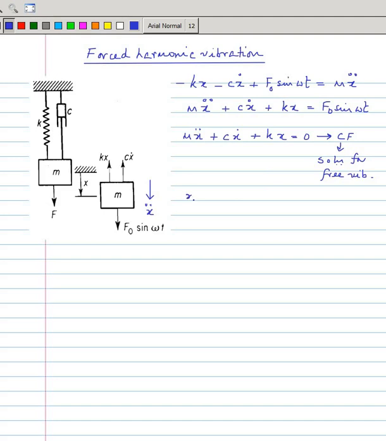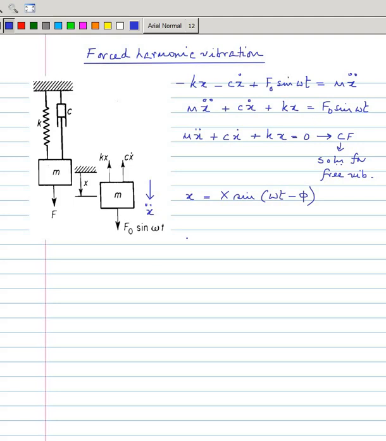So here we take the solution as x equal to capital X sine of omega t minus phi. That means x having an amplitude of capital X, a frequency of omega, and a phase lag of phi compared to the excitation force.